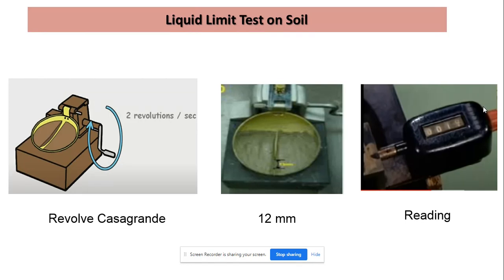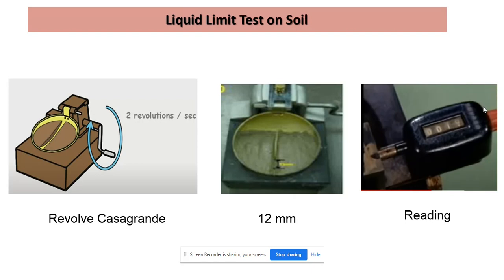Otherwise, we will do a number of tests by changing the moisture content of soil again and again, and note the number of blows each time required for 12 mm closure of the two soil parts. After that, we have the readings of number of blows and the water content of soil.